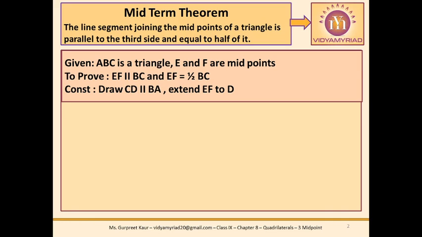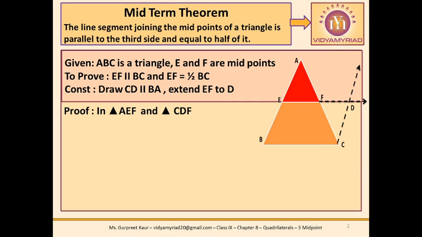We will write down ABC as a triangle, E and F are the midpoints, and here we are doing the construction such that CD is parallel to BA and we will extend our line EF to meet at D. So they form a triangle FDC. And we need to prove that EF is parallel to BC and EF is equal to half of BC.